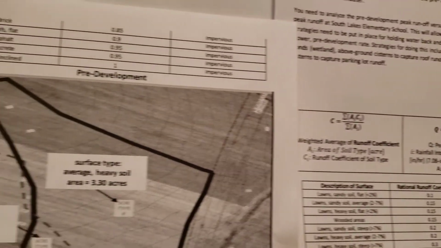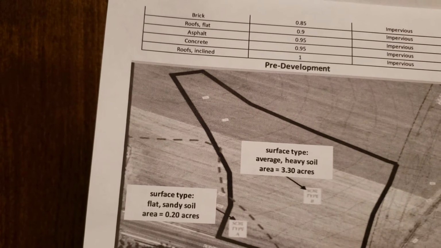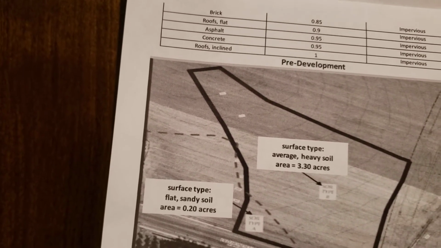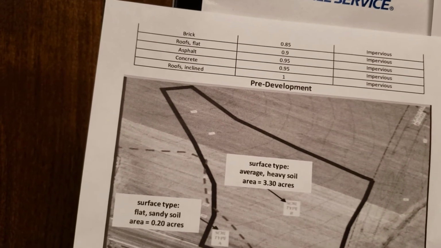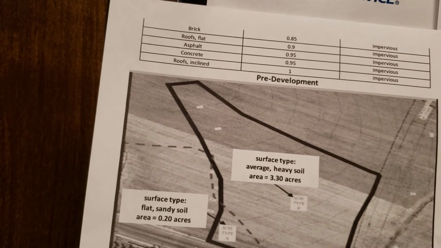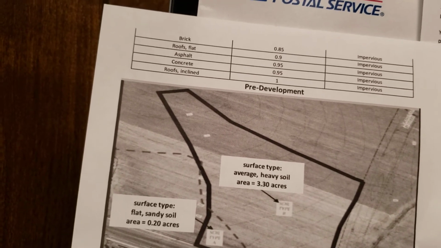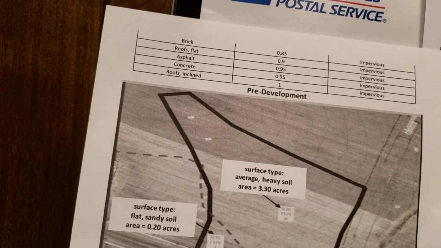We were also asked to determine the post-development peak runoff for the marked area for number 6. We utilized the formula Q equals C times I times A again, and computed an answer of 47.20 cubic feet. We then analyzed our results to determine if a stormwater management system is needed.